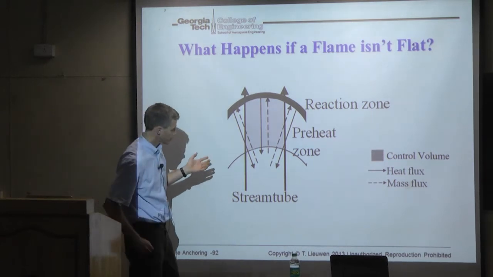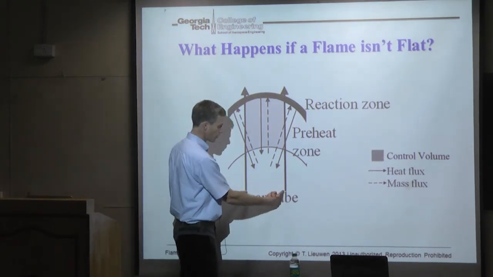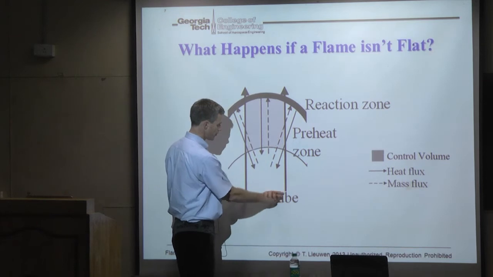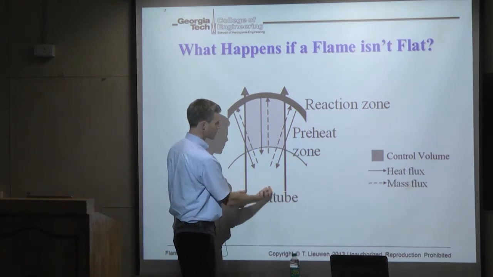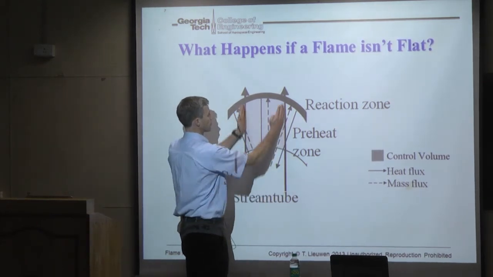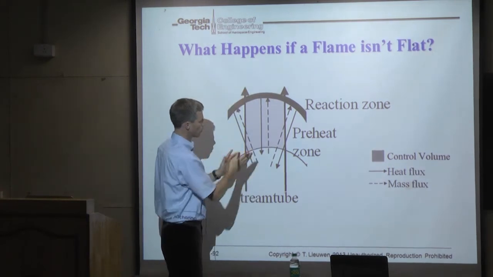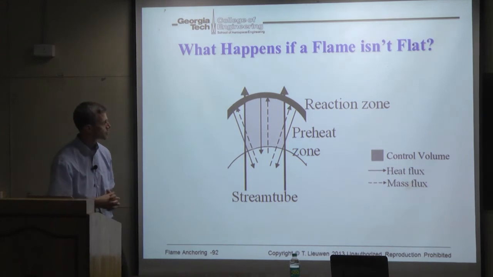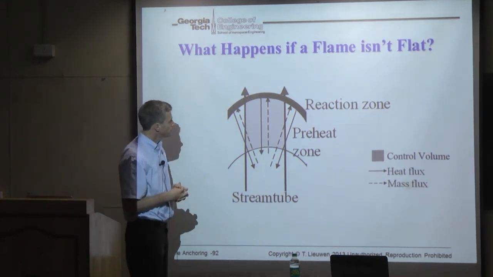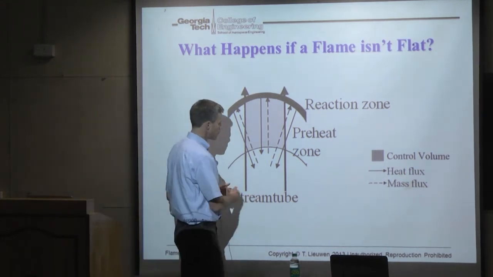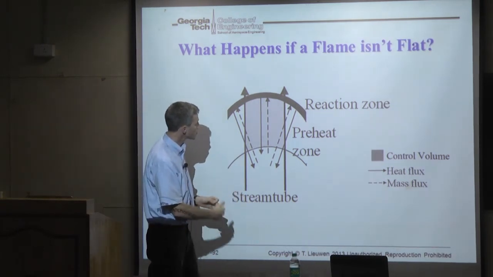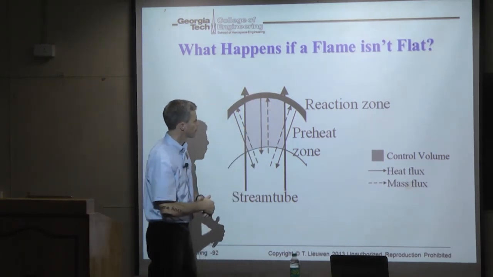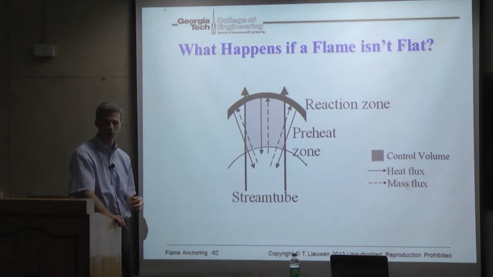So by definition, all the convective flux that flows in at the bottom of the stream tube is flowing through the top of the stream tube here. There's no convective flow through the side of a stream tube. Now, all right, so there's a certain convective enthalpy flux.